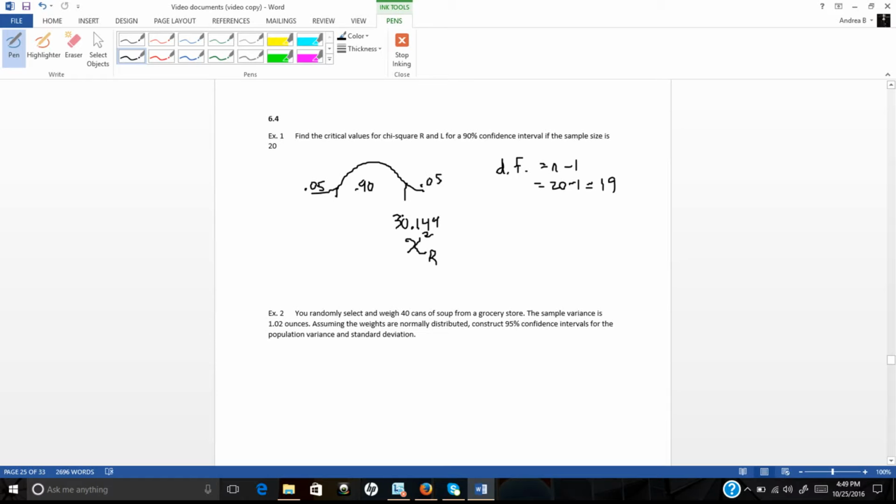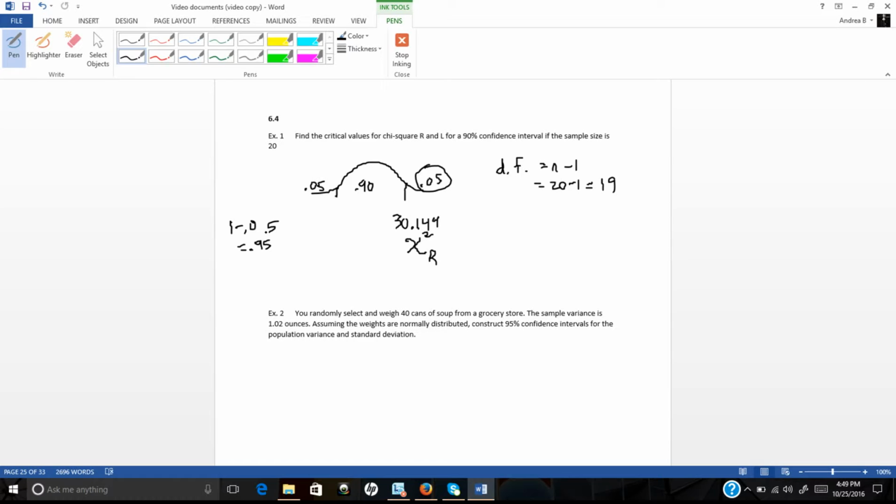So to find the other value, one of them, like I said, was this 0.05. The other value that you look up for the alpha value is going to be 1 minus that 0.05. Or in other words, in this case, it'd be 0.95. So the other alpha value, the value along the top that we're looking for, is 0.95 this time. And then we go down to degrees of freedom of 19 again.